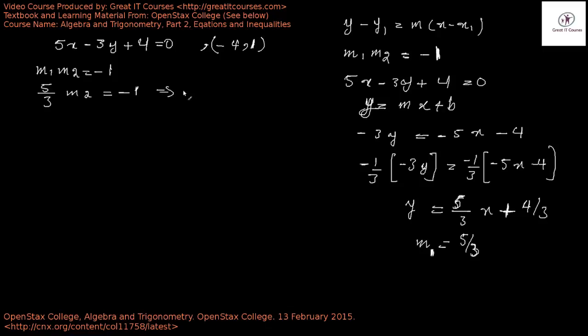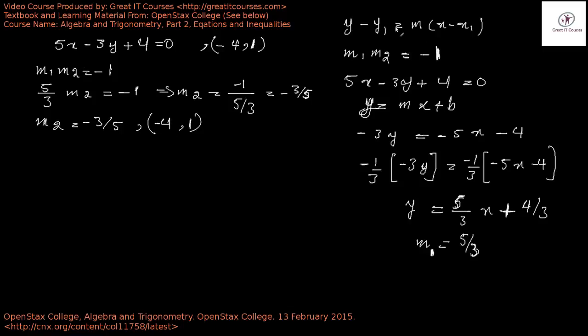So that means that m2 is equal to minus 1 divided by 5/3, which is equal to minus 3/5. So this is basically the slope of my new line. So m2 is equal to minus 3/5, and the point it passes through is minus 4, comma 1.